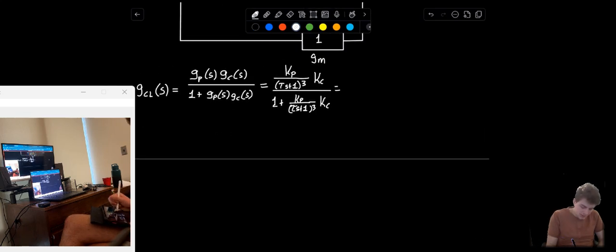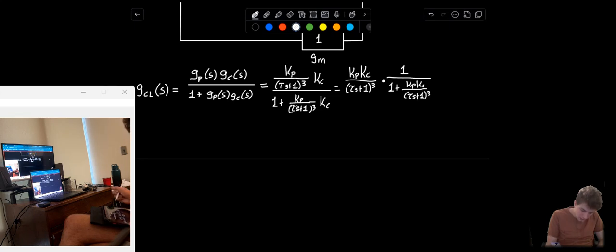So this will be kp kc over tau s plus 1 cubed, and then we're going to multiply by 1 over 1 plus kp kc over tau s plus 1 cubed.